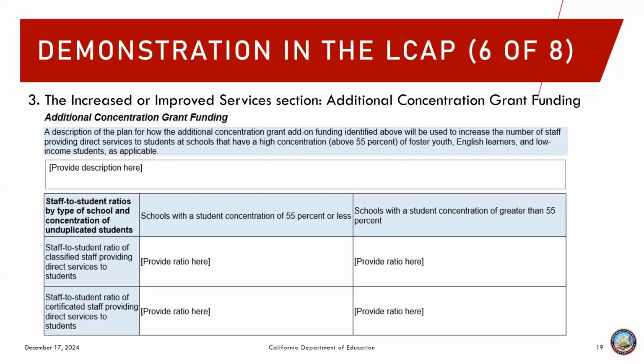LEAs that do not receive the additional 15% concentration grant, this doesn't apply to them. But if an LEA receives it, whether that's a charter school or a school district, if they're receiving that additional concentration grant add-on, then they have to complete this particular portion, both the prompt and the staff to student ratio table.